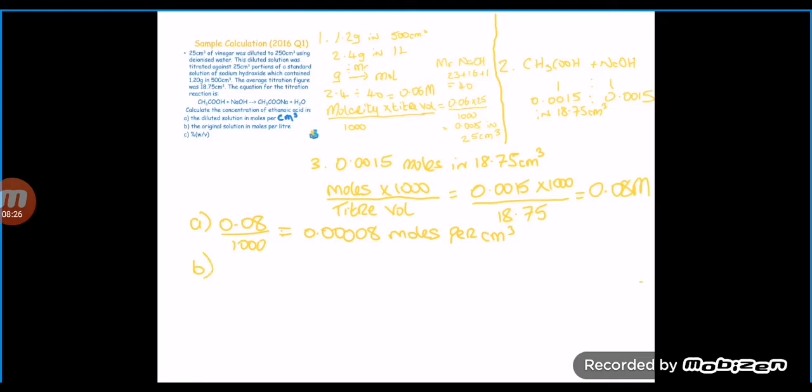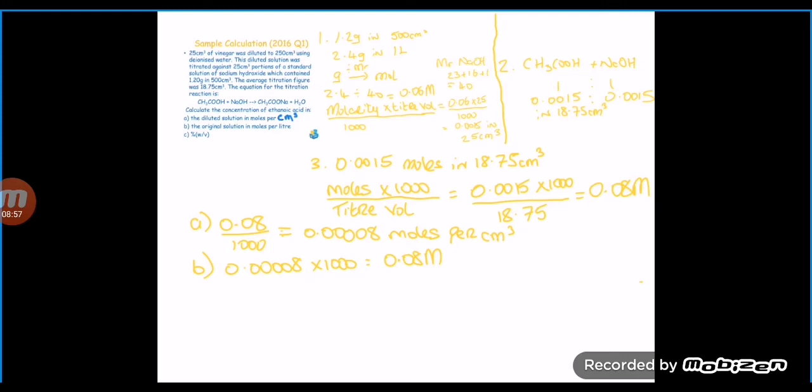So part B asks you to find the concentration of the original solution in moles per litre. So you have moles per centimetre cubed from part A, so bring that back to moles per litre, so do the 0.00008 by 1000, and that gets you the 0.08 moles per litre. That's of the diluted solution, but the question here says there's 25 centimetres cubed diluted to 250.